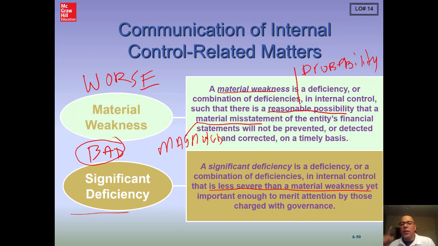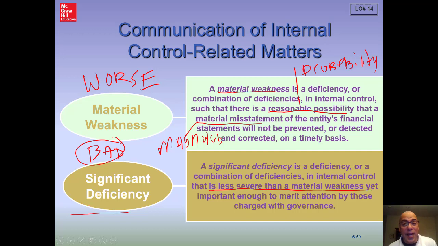And again, for both of these, material weakness and significant deficiency, they give us a 60-day window after the date of our audit report to report that.